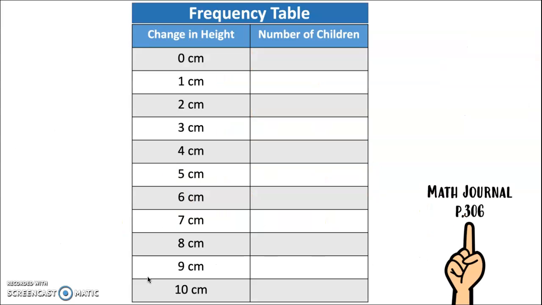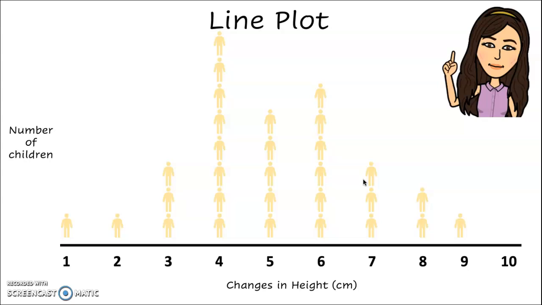Okay, so with this information here, you are going to go to page 306 in your math journal, okay? Because you are going to find something that looks like this. It says frequency table, page 306 in your math journal. And at the top it says, use the line plot your class made to make a frequency table for the data. So you are going to take this information over here and you are simply going to draw tally marks to show how many students grew 1 centimeter, 2, 3, 4, 5, all the way to 10.